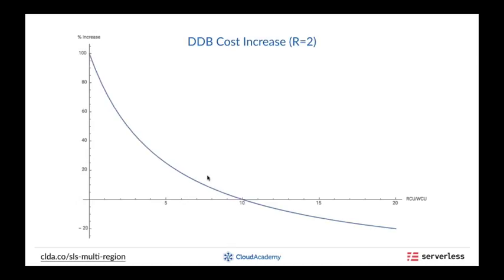So at some point, when you have a lot of reads with respect to writes, it will actually start getting cheaper because you can split that read capacity across regions, even though you have n times more write capacity to provision. I hope that makes sense. If it doesn't, just reach out to me on Twitter. I can share more geek formulas with you.